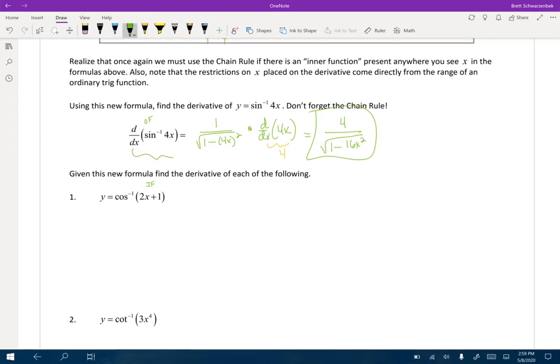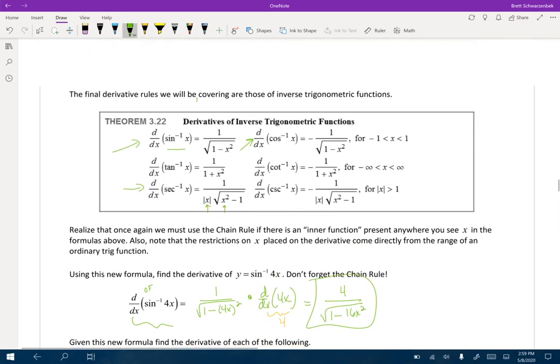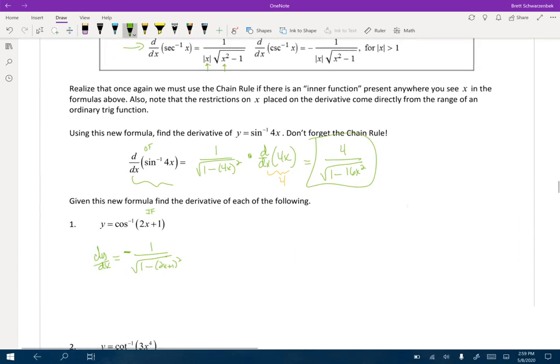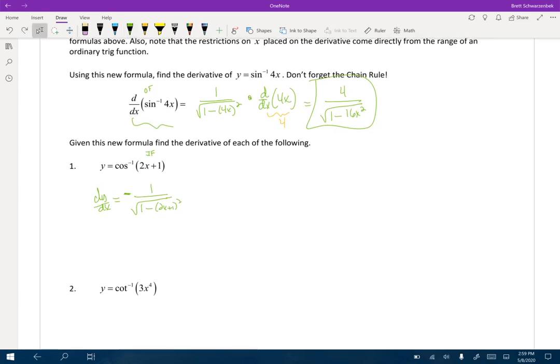So if we're going to find dy/dx, we have negative 1 over the square root of 1 minus the inner function squared. And we have to multiply by the derivative of the inner function, which we know very well is 2.